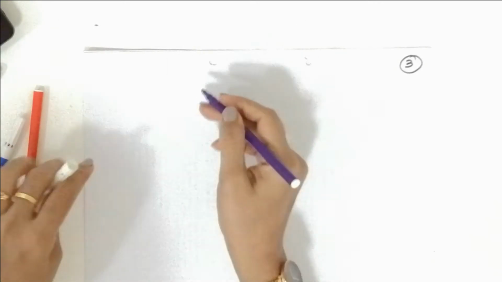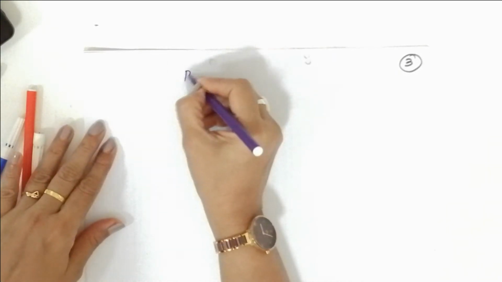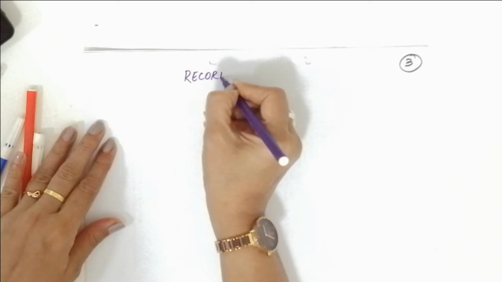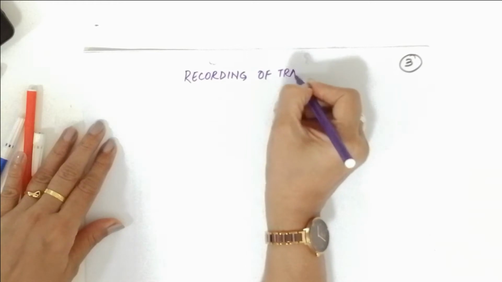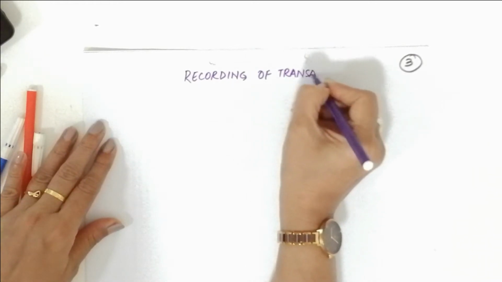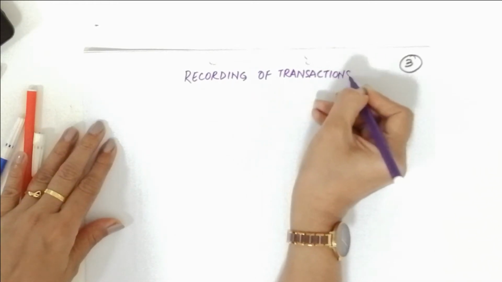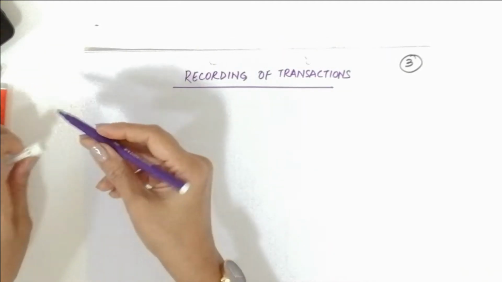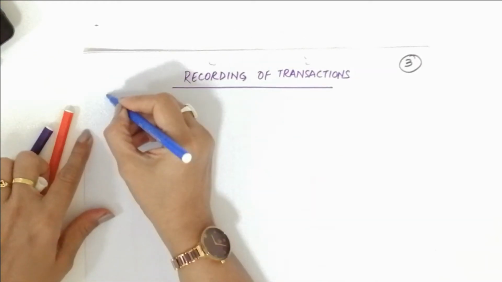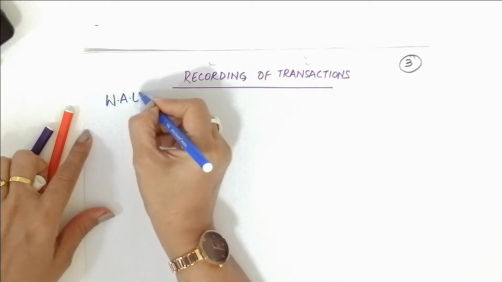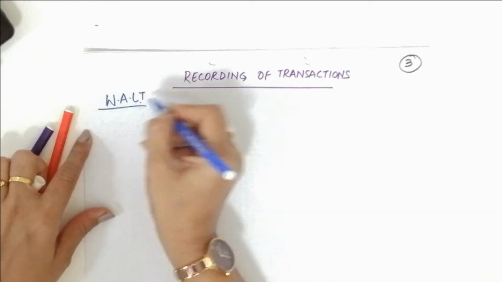After this class, as I told you, this class is recording of transactions. So in this, what am I going to learn? I always tell my children, what am I learning today?